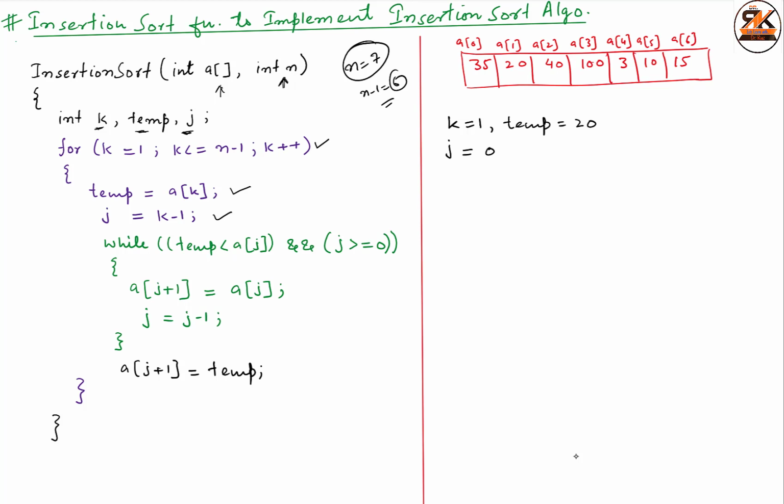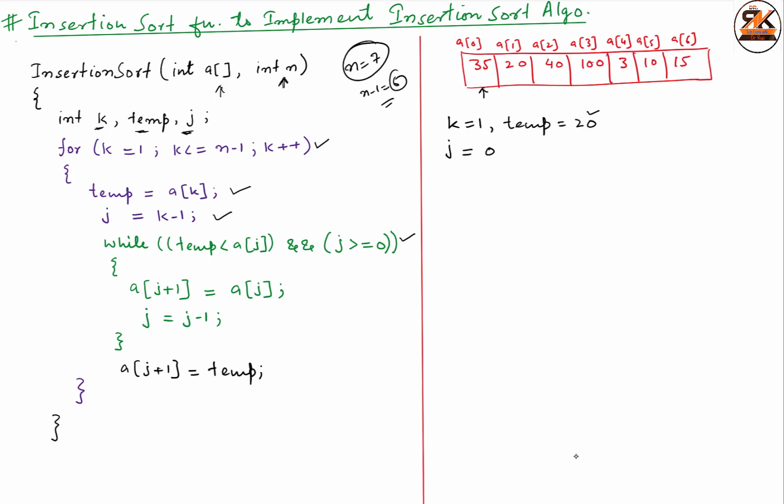And after that we reach the while loop here, and this will check a condition whether temp is less than a of j. Temp is 20 and a of j means a of 0. Yes, this condition is true. Temp, that is 20, is less than a of 0, which has value 35.